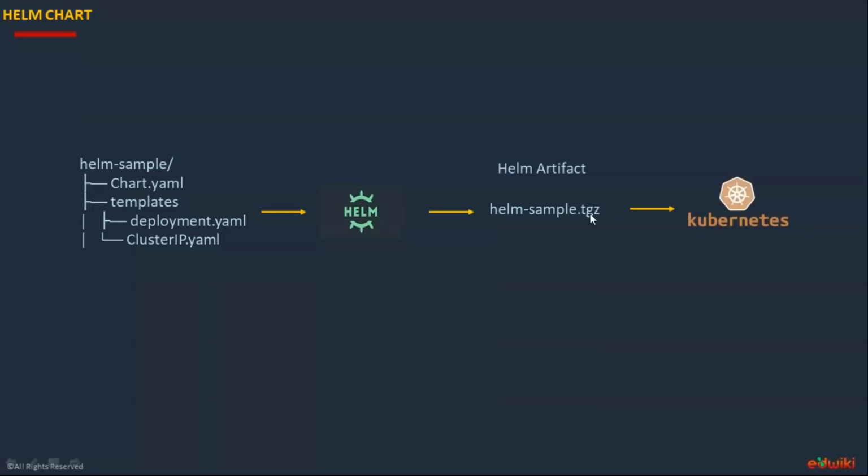This single .tgz file is called a Helm artifact or Helm chart. This Helm chart has all the manifest files that you are looking for, just combined into one single package for easy purposes. Now you just deploy this Helm chart, which takes care of deploying all of your manifest files and applications, variabilization, and a lot more.